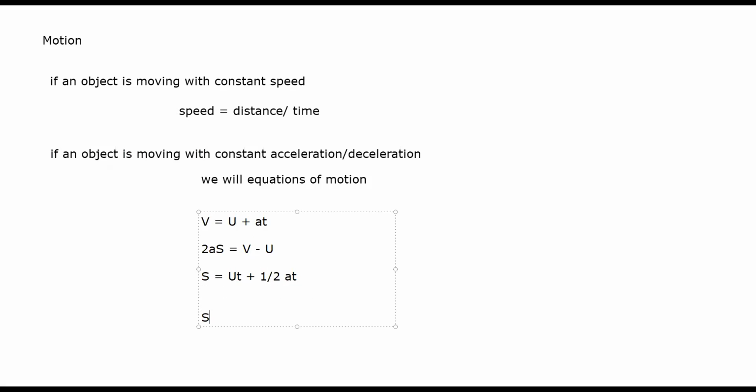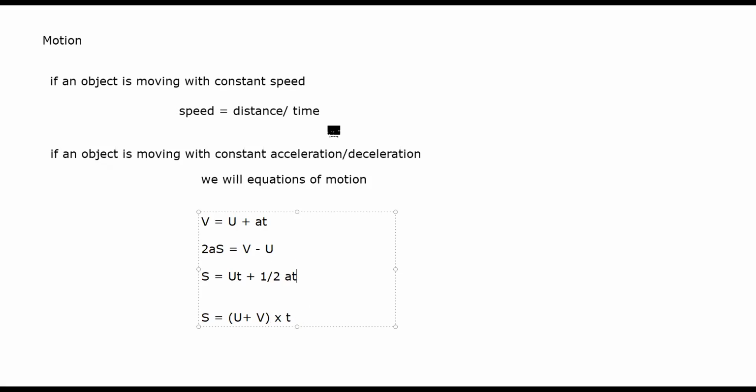And the last one, s equals u plus v divided by 2, multiplied by t. It's u plus v divided by 2 and then multiplied by t. It's not like this whole part, maybe you will be confused with this.